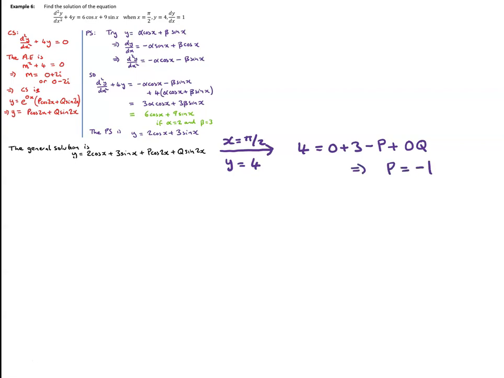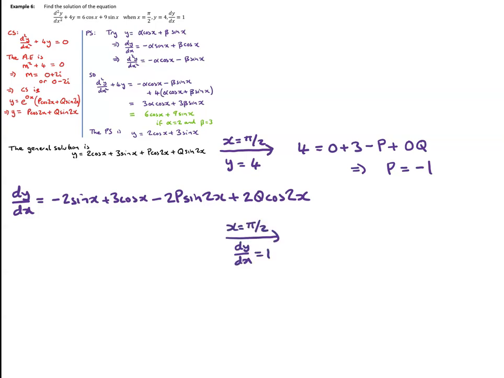which means that p must be minus 1. Now we know that dy by dx is going to be minus 2 sine x plus 3 cos x minus 2p sine 2x plus 2q cos 2x. When x is pi by 2, we want dy by dx equals 1.